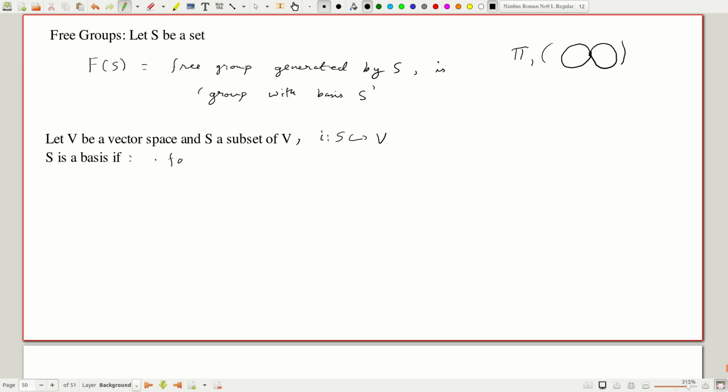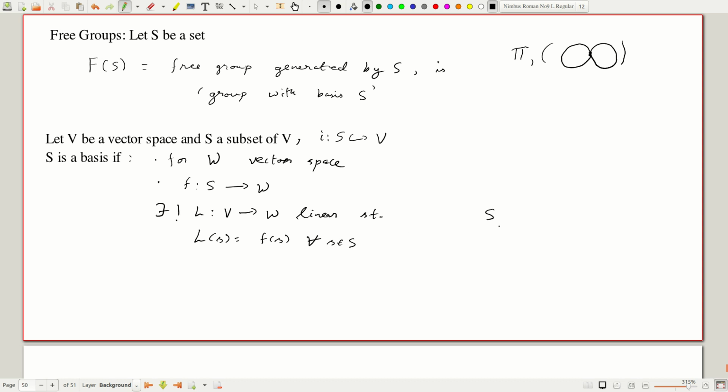For any vector space W, if I know a map F on the set S, F mapping S to W, there exists a unique linear L mapping V to W such that L of s is F of s for all s in S.